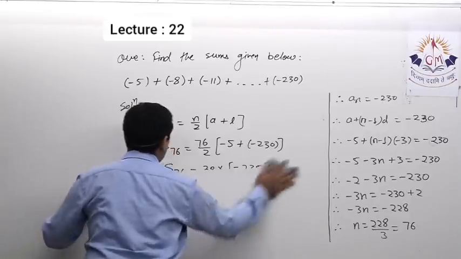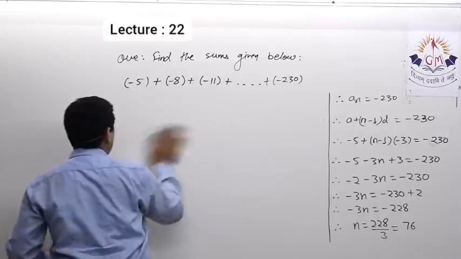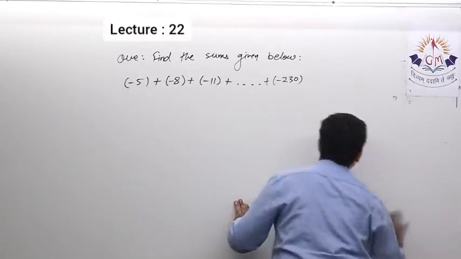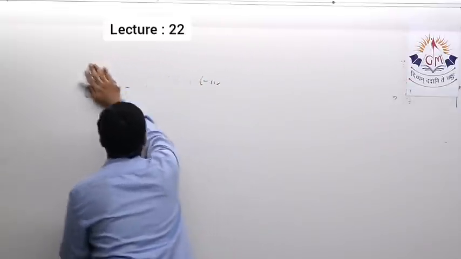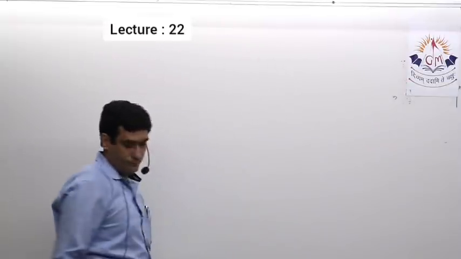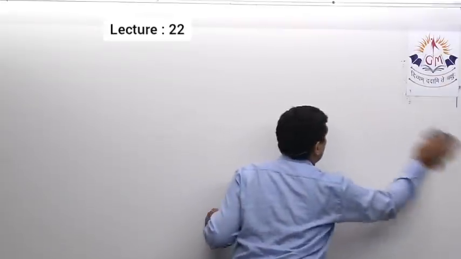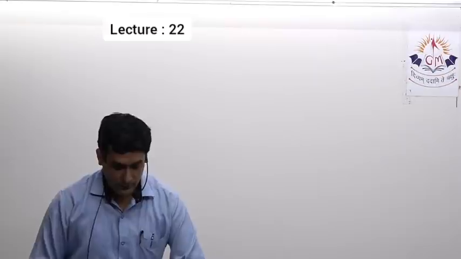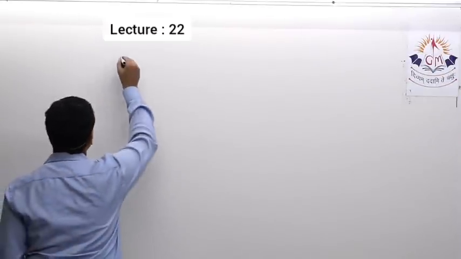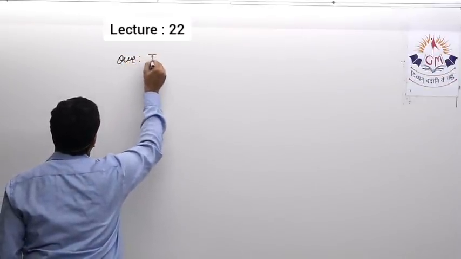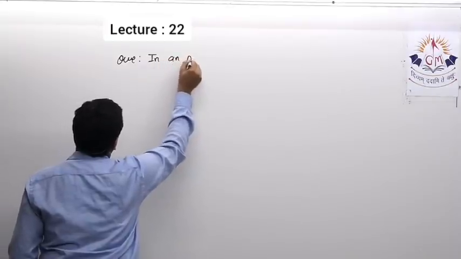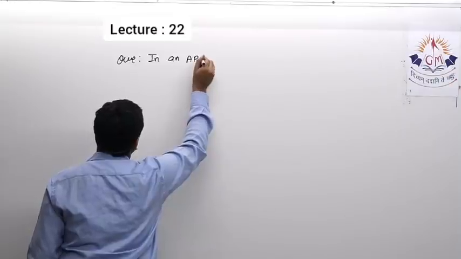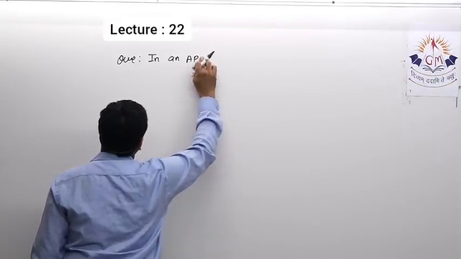Okay, let us see the next question. Okay, now the next question is in an AP. Some of the variables are given to you and some you have to find.